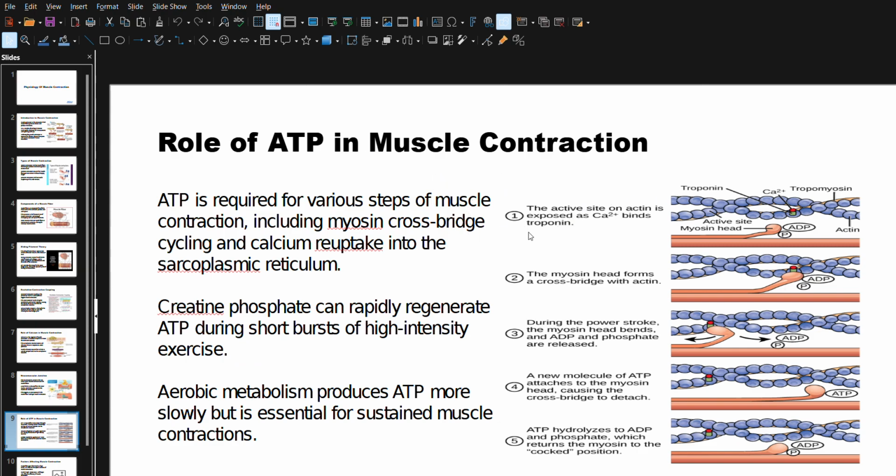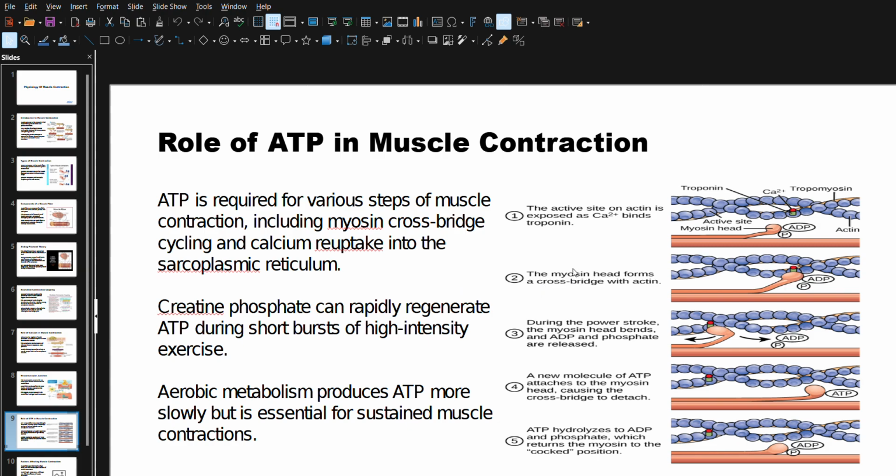Here in the diagram, first you can see the active site on actin is exposed as calcium ion binds to troponin, and the myosin head forms a cross bridge with actin. Here you can see the cross bridge. During the power stroke, the myosin head bends and ADP and phosphate are released. This is how the head is bent.